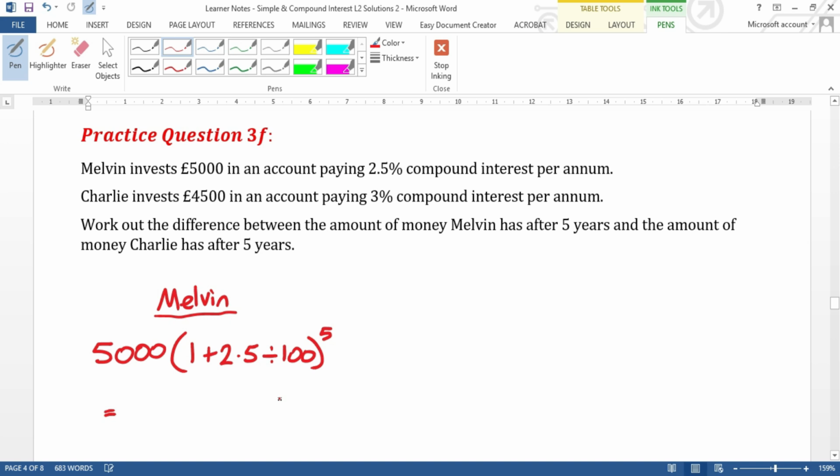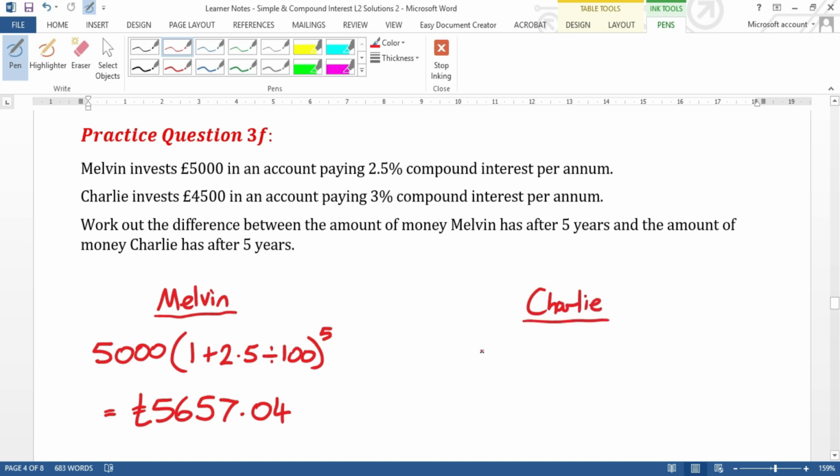So let's type that in. 5,000. 1 plus 2.5% to the power 5, which gives you £5,657 and 4 pence.